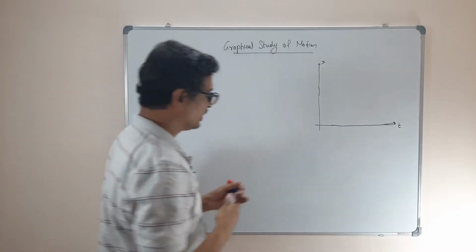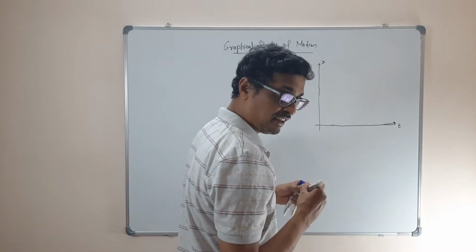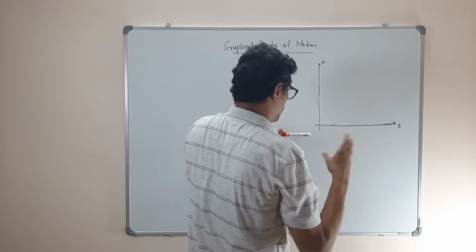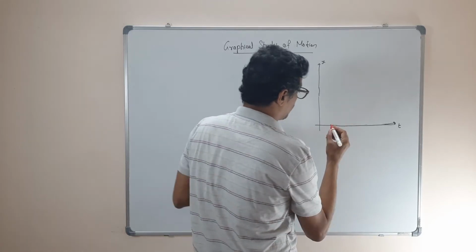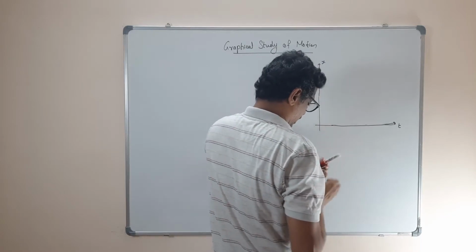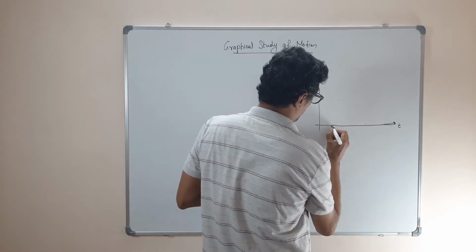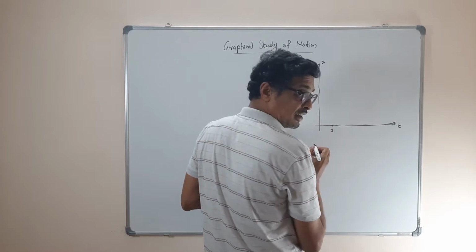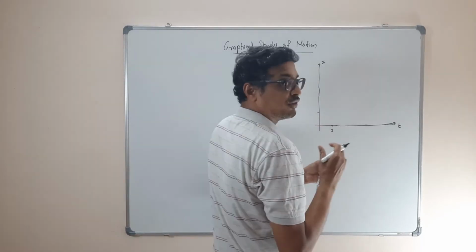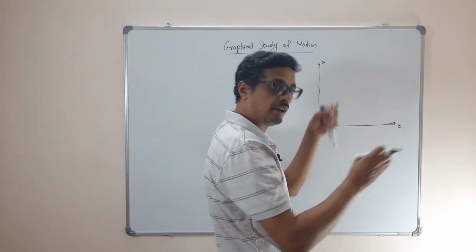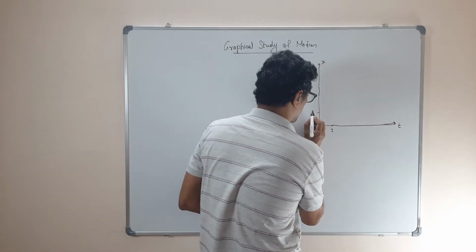So in that case, what happened? You got it, right? Because it is equal distances. You divide it into different times. Suppose in 1 minute it moved by say 1 meter, or 10 meters, whatever.